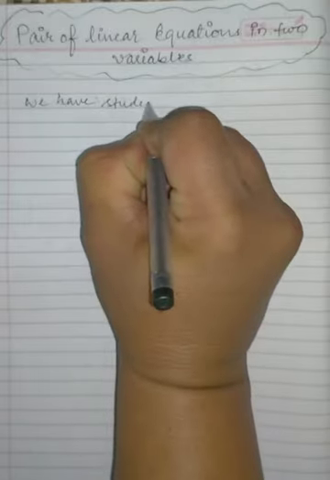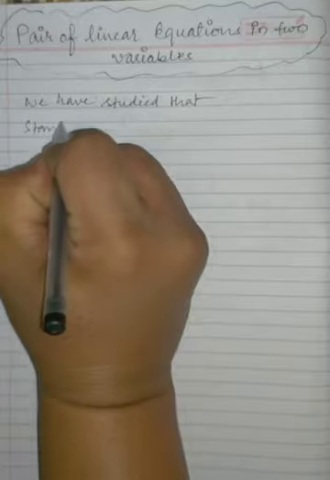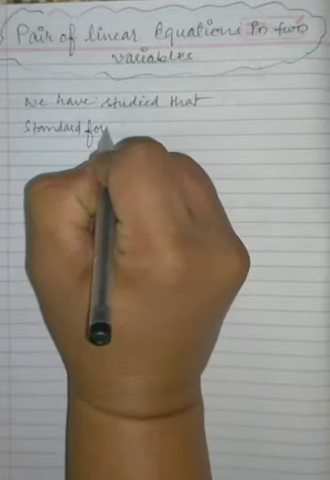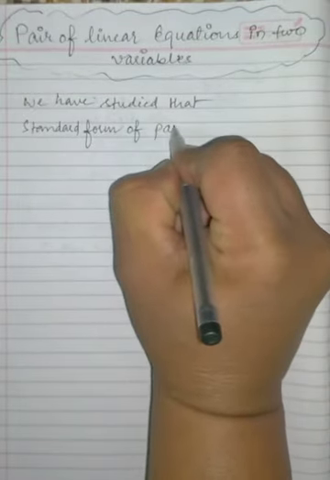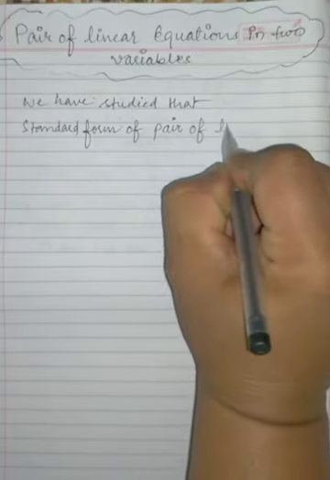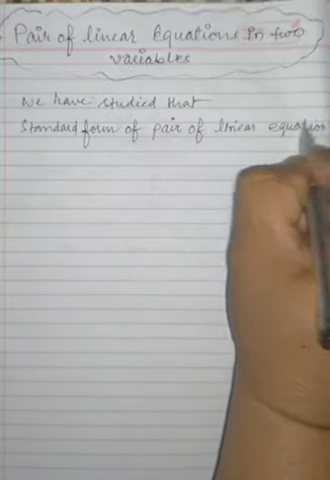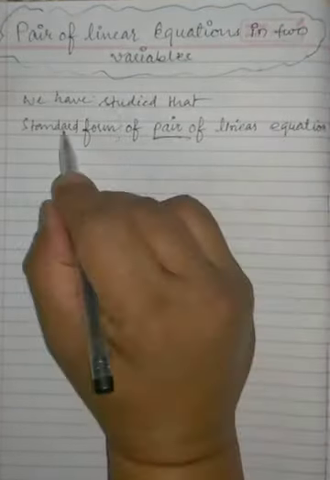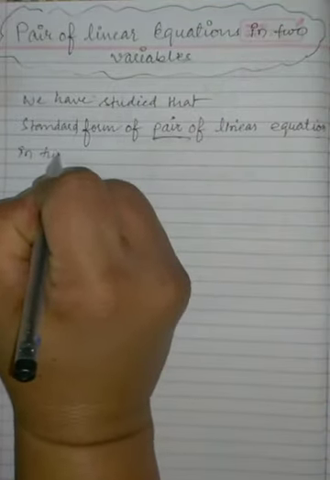We have studied that the standard form of the pair of linear equation we will be having this year, but last year in class 9 you have studied about the linear equation in two variables.